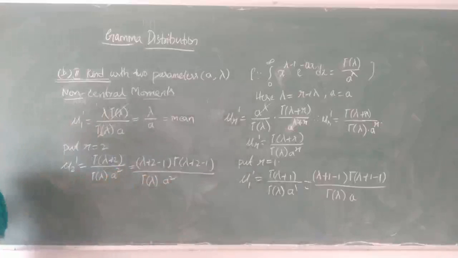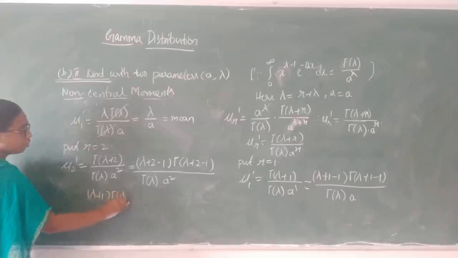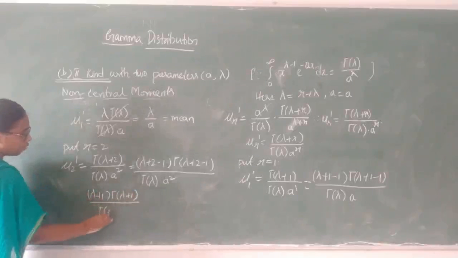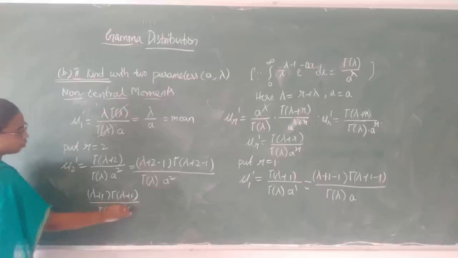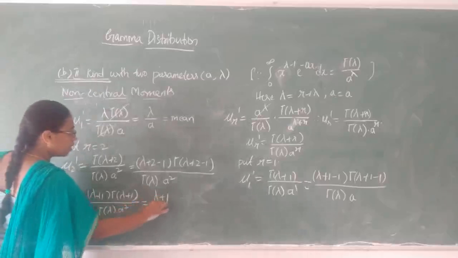So lambda plus 2 minus 1 is lambda plus 1 into gamma of lambda plus 1 divided by gamma of lambda into a square. So this is equal to again lambda plus 1.